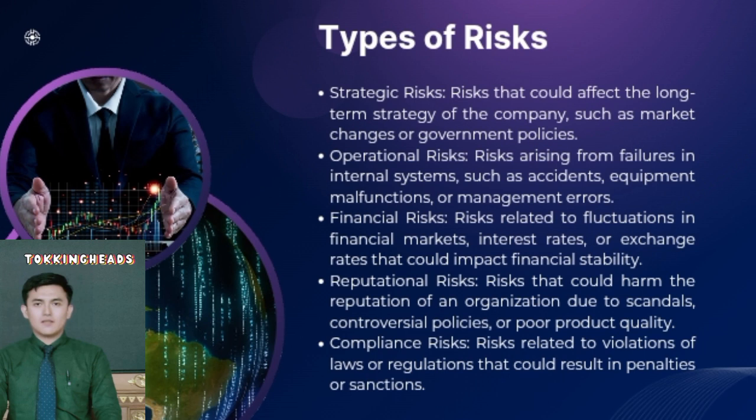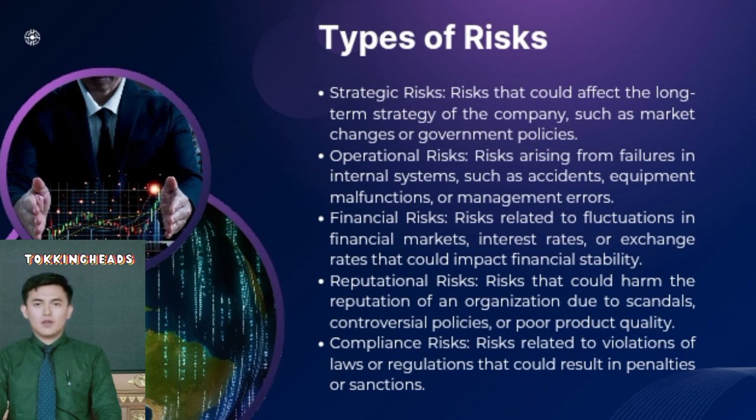Types of risks. Strategic risks. Risks that could affect the long-term strategy of the company, such as market changes or government policies. Operational risks. Risks arising from failures in internal systems, such as accidents, equipment malfunctions, or management errors. Financial risks.